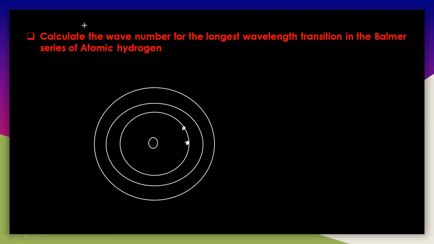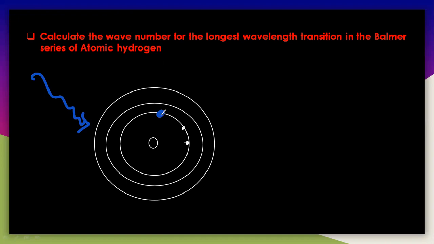See here what is happening. Let us understand, there is an electron here. What happens whenever we intensify with electromagnetic radiation? Now see what is happening. Very simple, it will move.